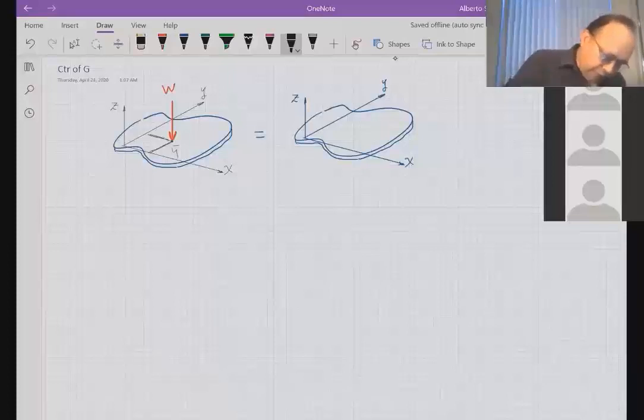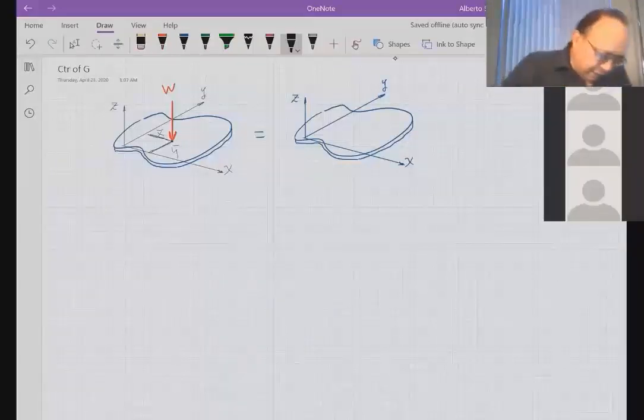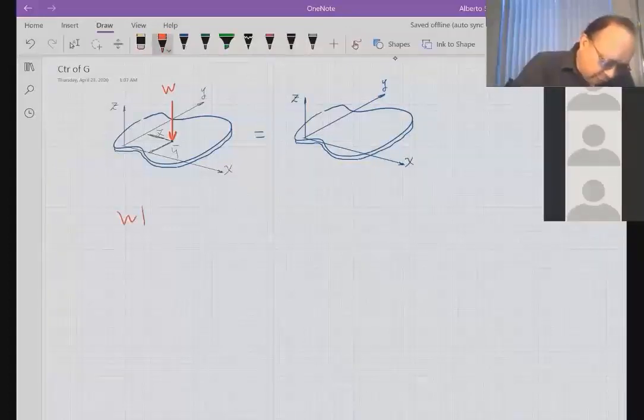We need to find y bar and x bar, in such a way that the magnitude of W has to be equal to the summation of the magnitudes of all the little components of the body.